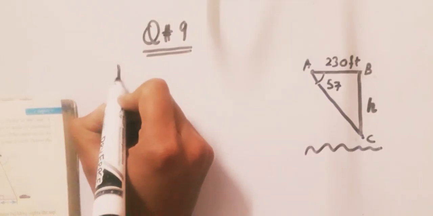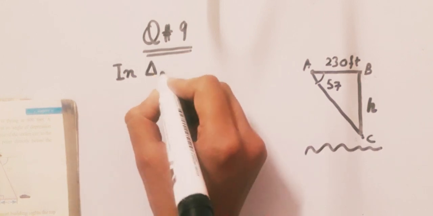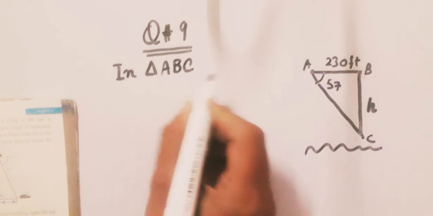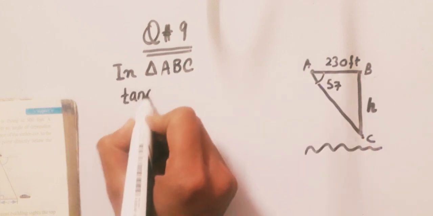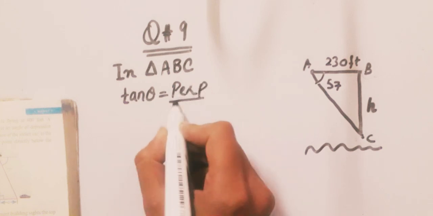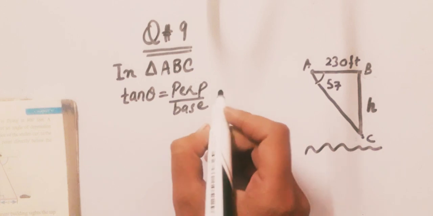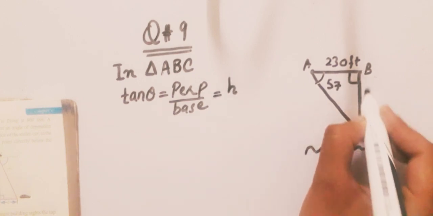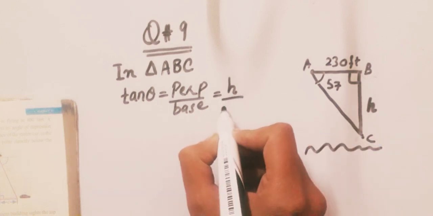So in right angle triangle ABC, tan theta is equal to perpendicular over base, and here the perpendicular is H and base is 230.